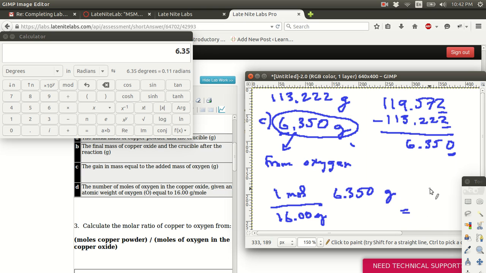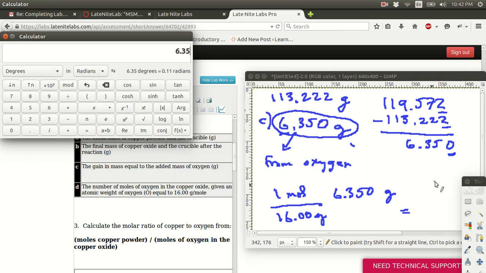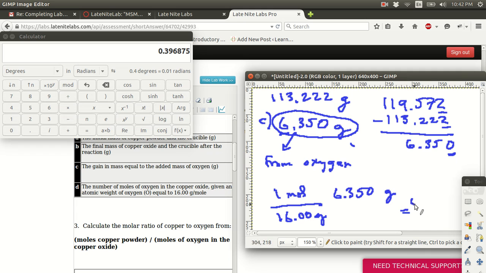And so I take my calculator and I do 6.35 divided by 16, and that's 0.3969. That's 0.3969 moles of oxygen.